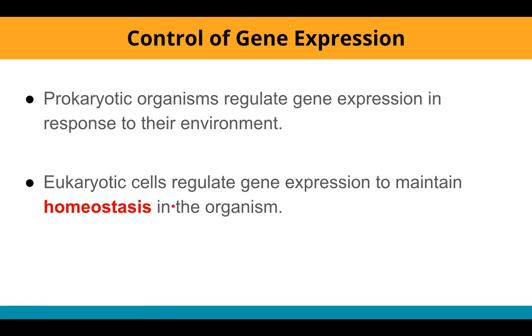For eukaryotic organisms, since they are quite complex, they rely on gene expression regulation to maintain homeostasis inside the organism. So the gene regulation process is geared towards maintaining balance within the system of that organism. So that is the basic orientation of gene expression regulation in eukaryotic organisms, especially mammals and humans as well.